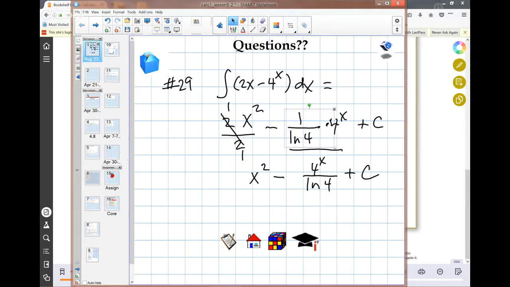So there's a case where you might have to look back to the reference page to remember what happens when you're dealing with a constant to the x power. Not the power rule, but that other law. Other questions from last time?